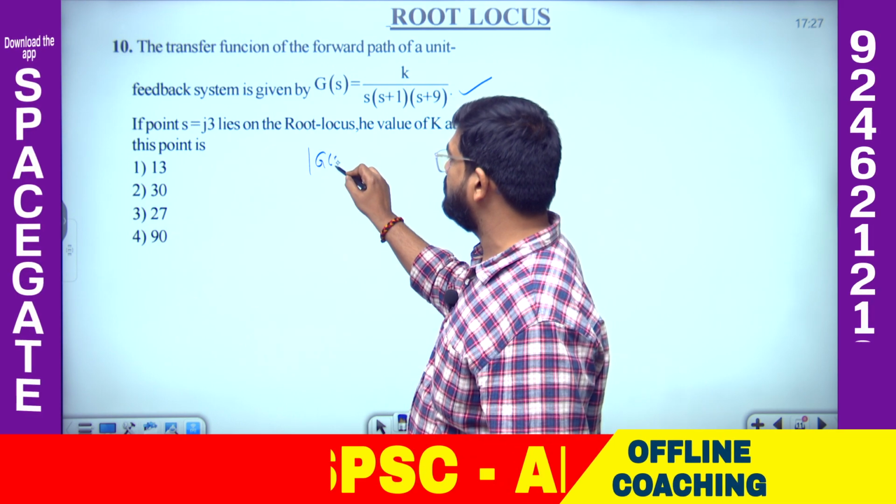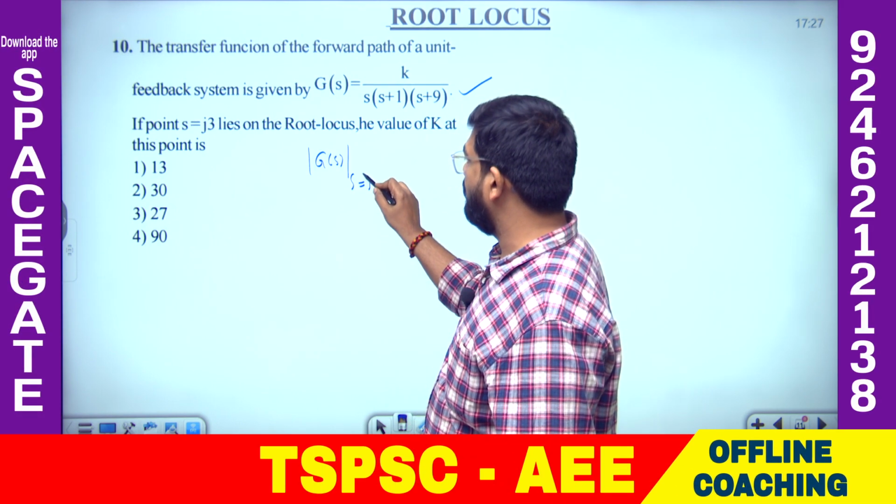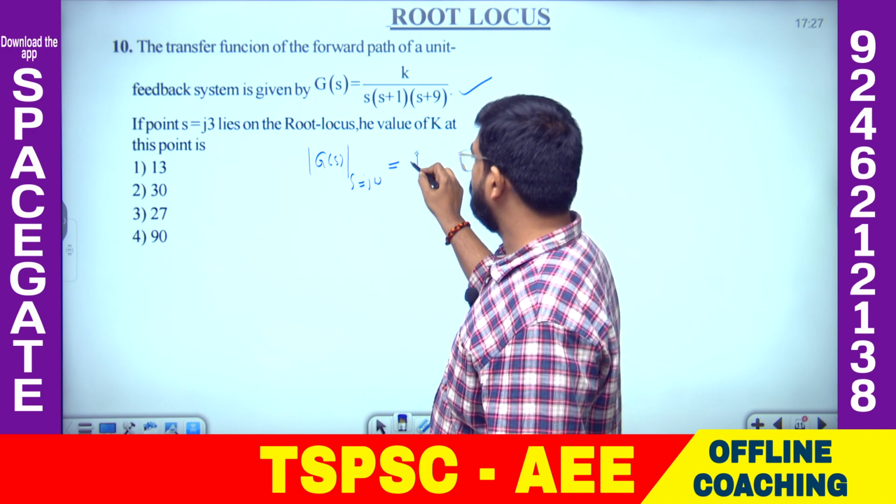What is G of s when s is equal to j omega, which is equal to 1.